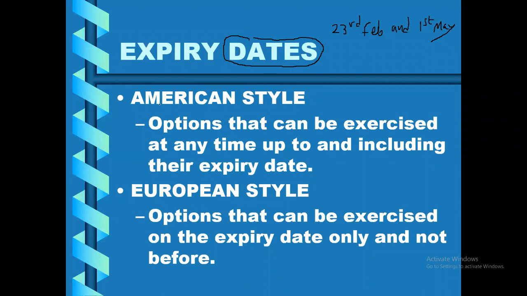So in terms of expiry date, we have got an American style option. This is an option that can be exercised at any time up to and including the expiry date. It's like the one that I gave you here, between now and the expiry date. Or a European style option, this is an option that can be exercised on the expiry date only.